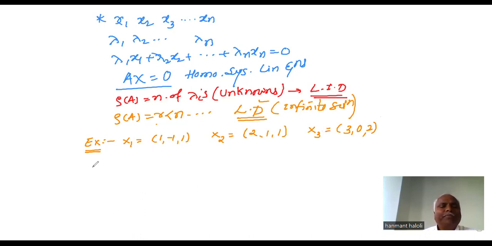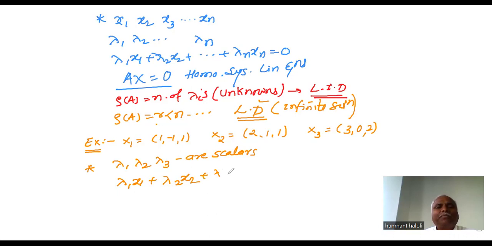Now for this, assume that lambda 1, lambda 2, lambda 3 are three scalars, and their linear combination lambda 1 x1 plus lambda 2 x2 plus lambda 3 x3 is equal to 0.